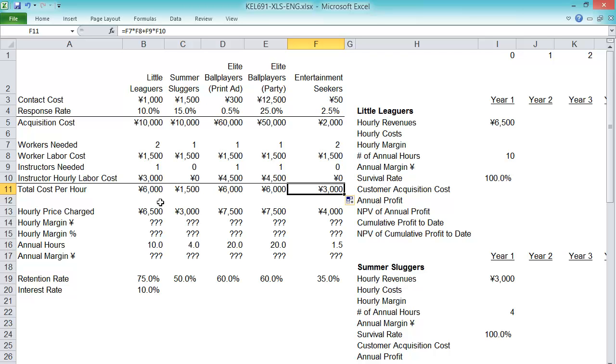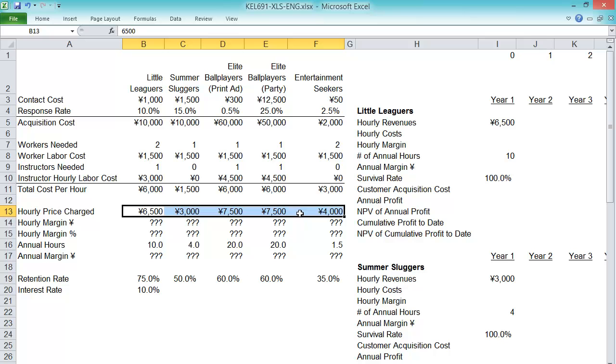Now, the hourly price charged was said to be given by the elasticity of demand. So remember, if your demand is more elastic, which means that it responds to price changes more, then you just can't put that high of a price. So that was the main rationale.